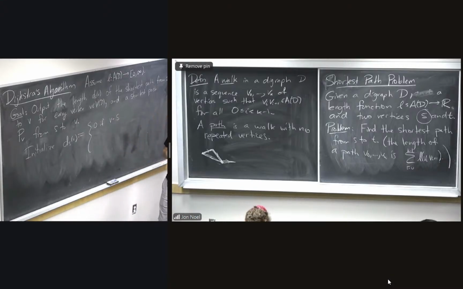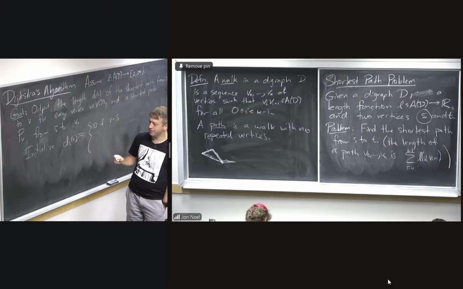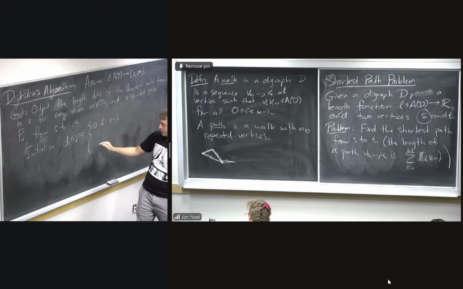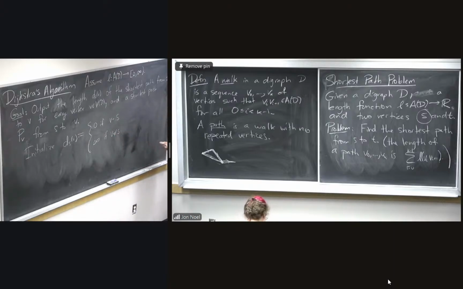I'm trying to come up with, so far, my best guess for the length of the shortest path. For s, I know it's 0, because to go from s to s, I just do nothing, right? Everybody else, I don't know. So I'm going to say at the moment it could be infinity. I have no idea.